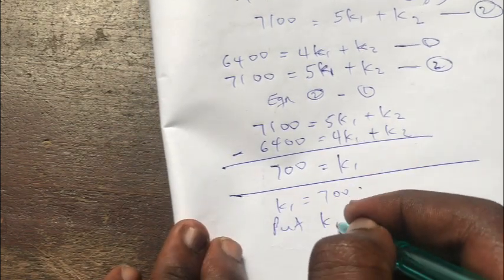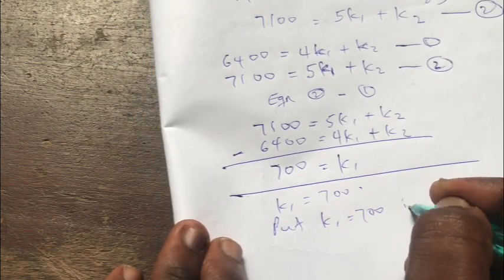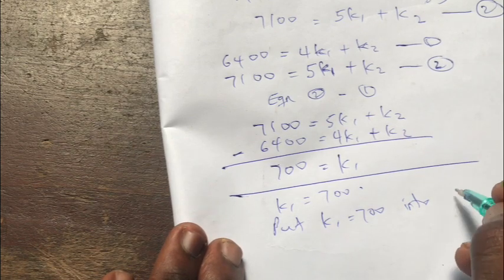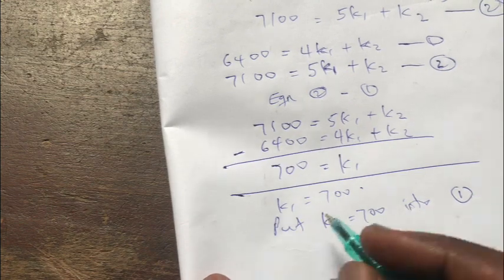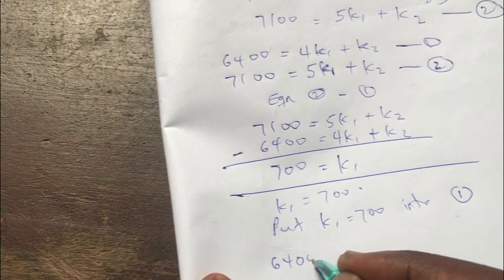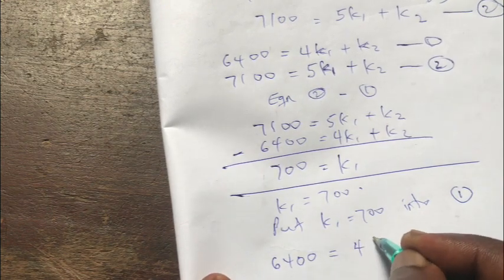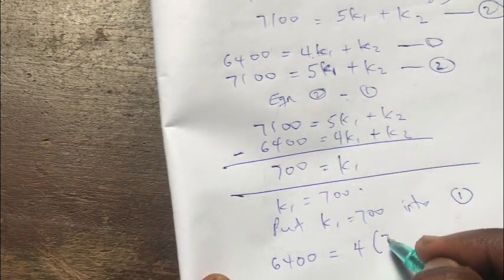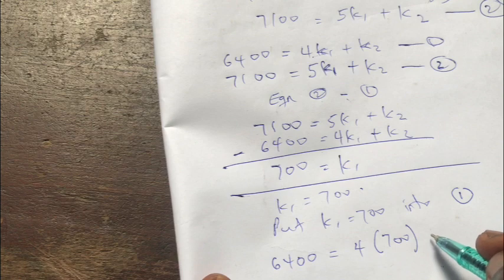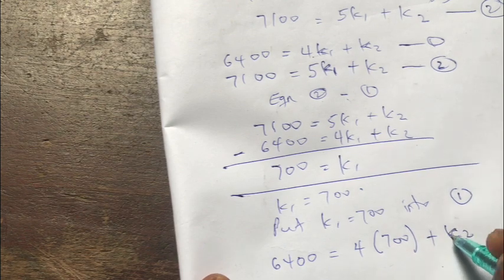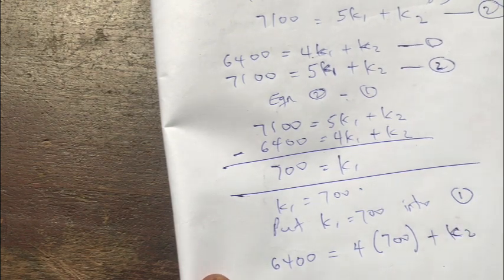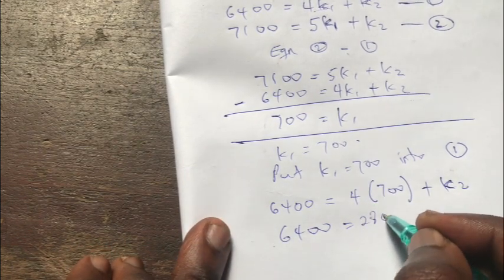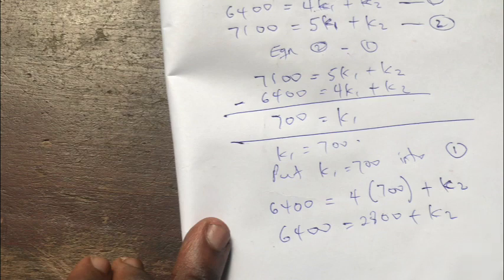Now how do you find K2? Put K1 equal to 700 into any of the equations, either equation 1 or 2. I prefer equation 1. So 6400 equals 4K1, right? So K1 is now 700, plus K2. So I'm going to get 6400 equal to 2800 plus K2.